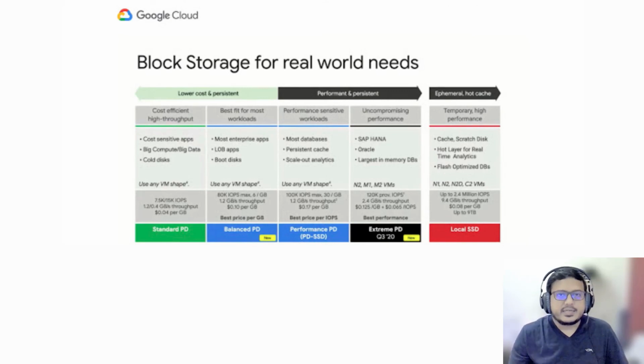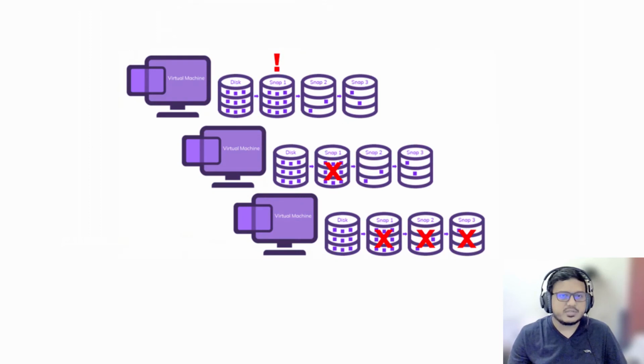And let's talk about backups now. Since we talked about compute and storage and disks, let's talk about backups. So how do we back up VM data as snapshots? So snapshots are backups of your disks, and to reduce space, they are created incrementally. So backup 1 contains all your disk content, and backup 2 only the data that has changed since backup 1.